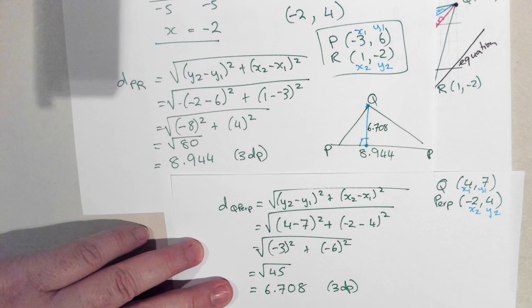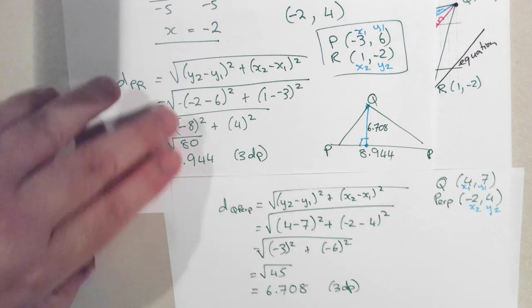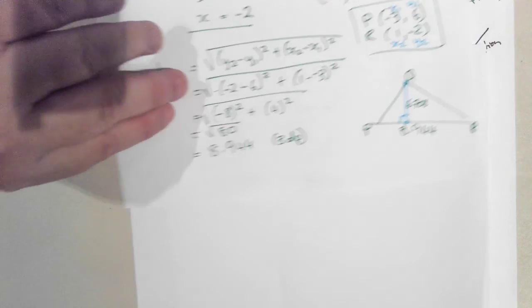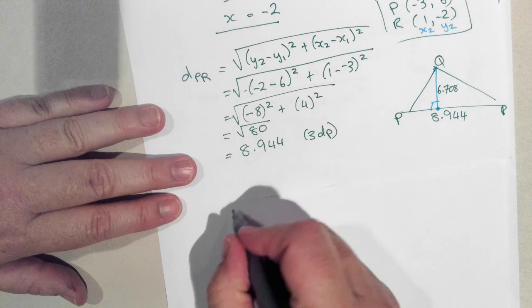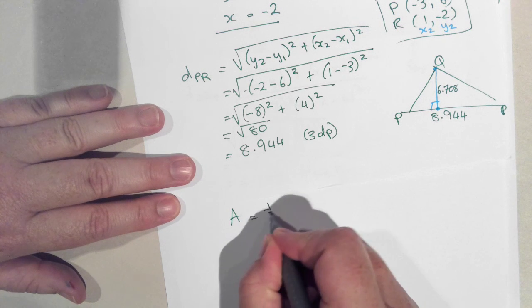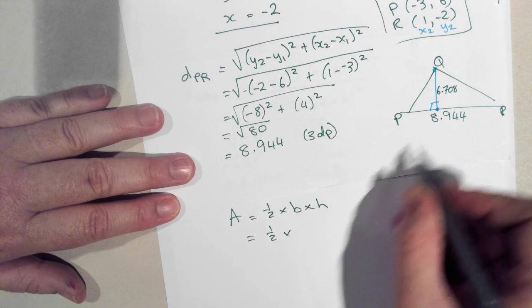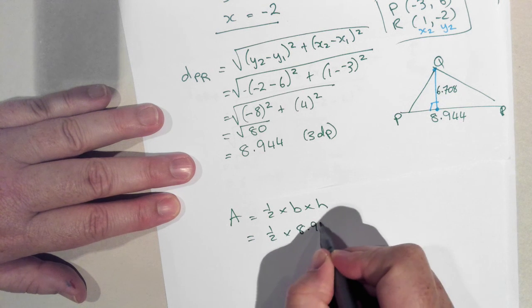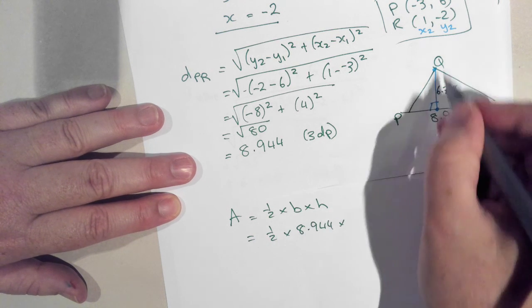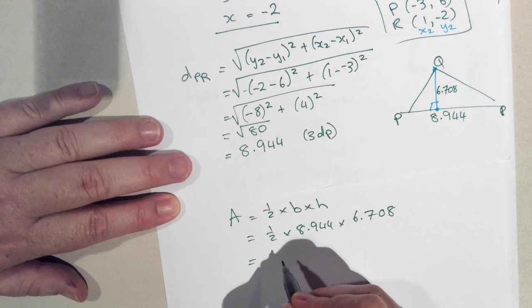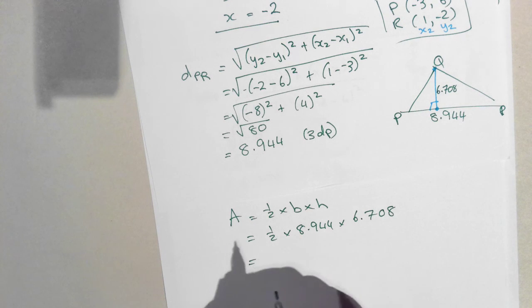Now I can combine that together to find the area of the triangle. That's my last piece, answering that question. The area of the triangle is half of the base times the height. So it's half of the base, 8.944, times the height, 6.708, and when I type that into my calculator, you should get an answer of 30.